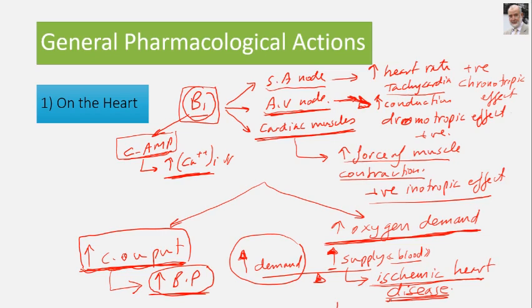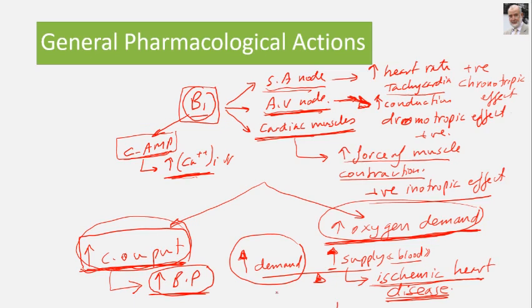This increase in intracellular calcium will increase the heart rate, the conduction, and the cardiac contraction, increasing the output of the heart, and also increasing the oxygen demand. So this is the first effect on the heart tissue. We will speak about the specific effect of each drug when we talk about each sympathomimetic.